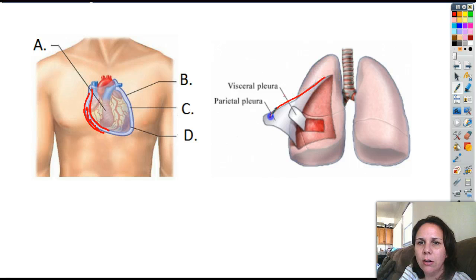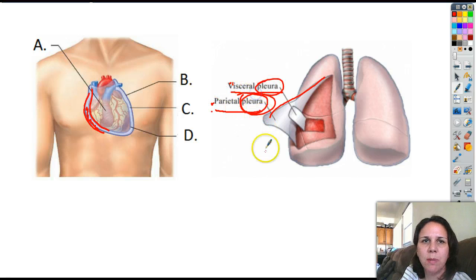This outer layer, which is smooth and continuous, is your parietal pleura because it's on your pleural cavity. And then this one, which lines the outside of the lungs, is your visceral pleura. So the visceral and parietal always stay the same. It's this word that changes depending on which organ it's on or which cavity it's lining.